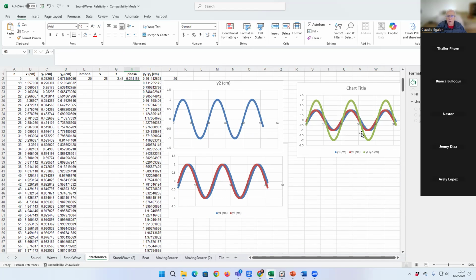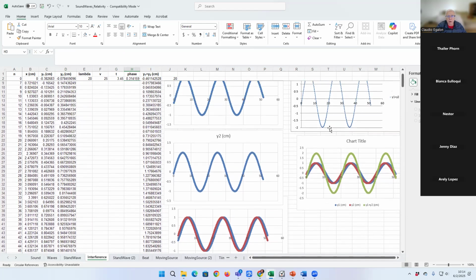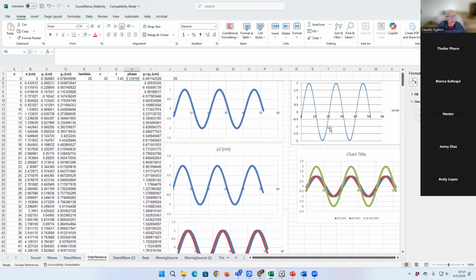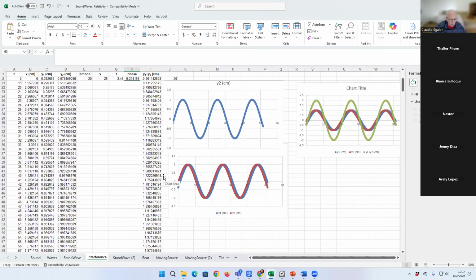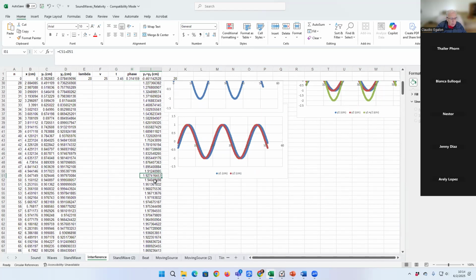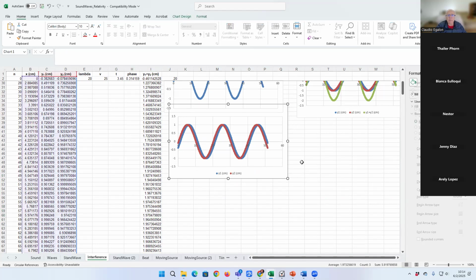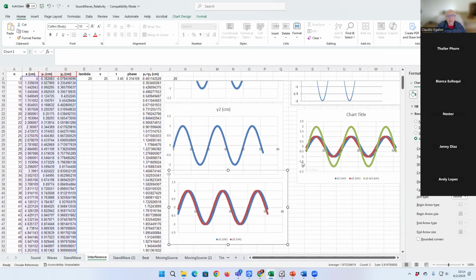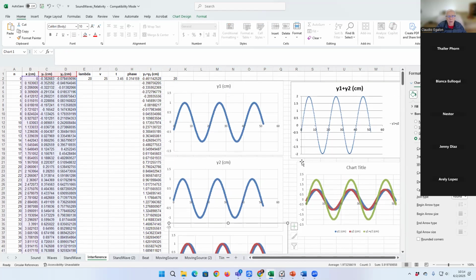When we sum those two waves, it's almost twice the amplitude of the other two. It's not exactly twice, but almost. You can see right here in my numbers, the amplitude instead of being exactly 2 is around 1.97, because there is a slight dephasing between those two waves.